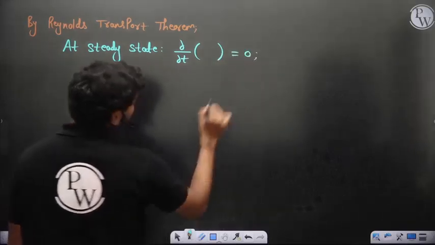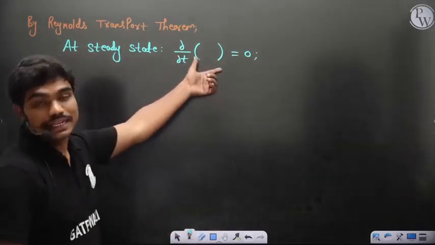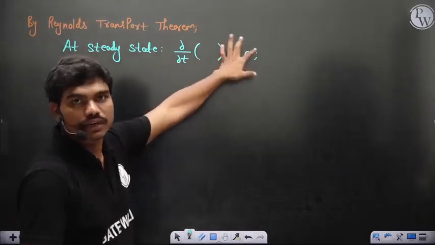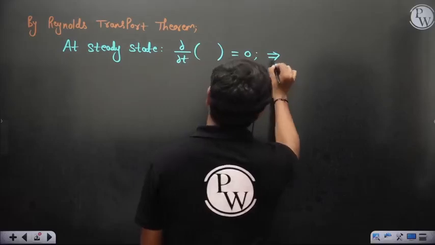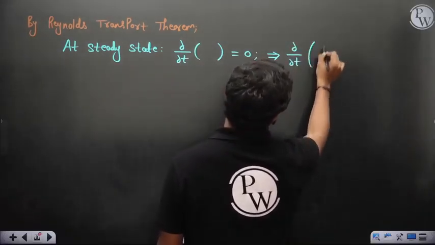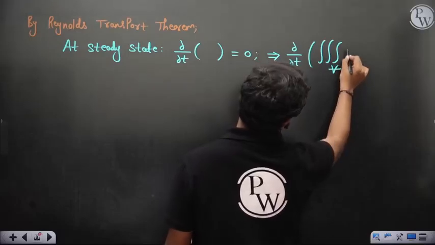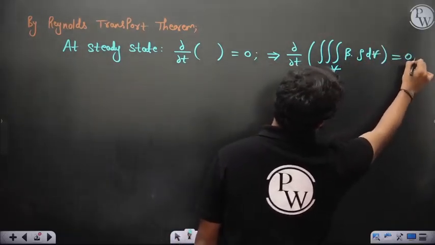You know this, correct? In thermodynamics, when they teach the steady flow energy equation, whenever you assume steady state, dou by dou t of any quantity is 0. Then dou by dou t of the integral over v of beta rho dv is equal to 0.